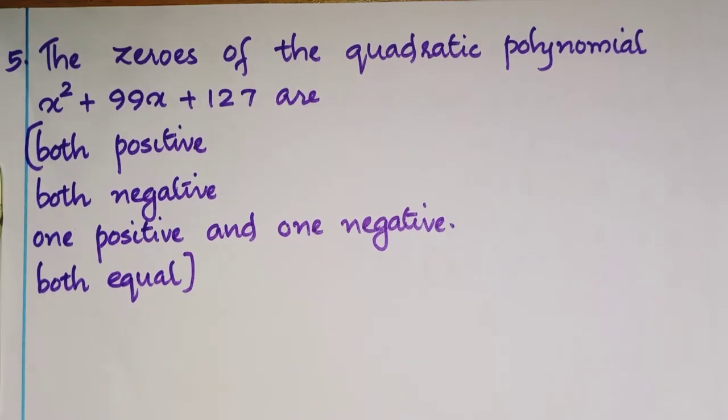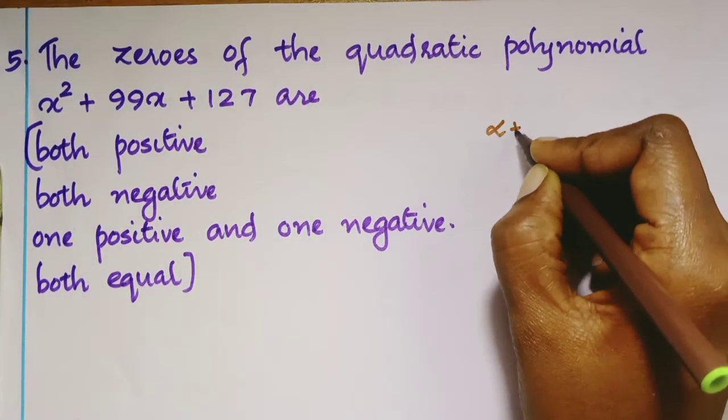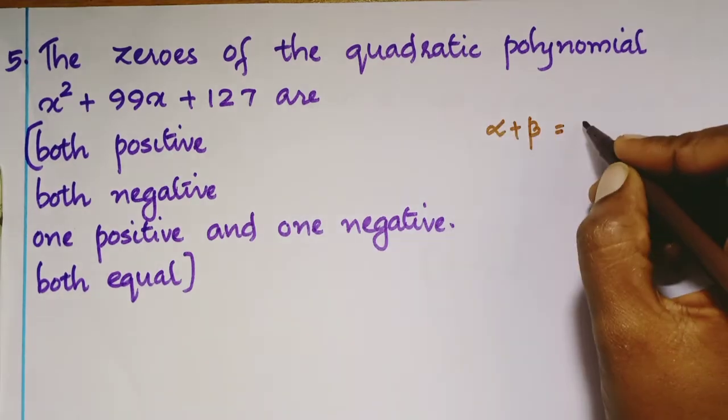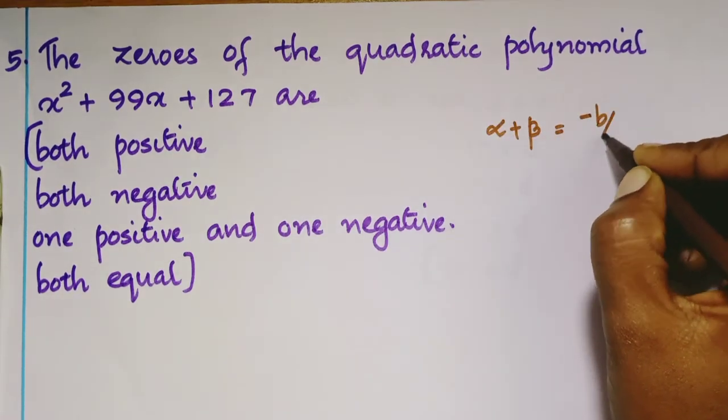Fifth one. The zeros of the quadratic polynomial x square plus 99x plus 127 are: the options are both positive, both negative, one positive and one negative, both equal. The zeros of the quadratic polynomial x square plus 99x plus 127. Here alpha plus beta is minus b by a.